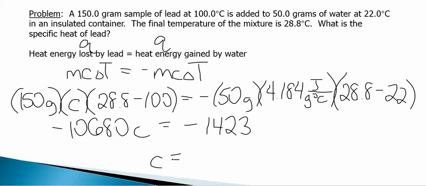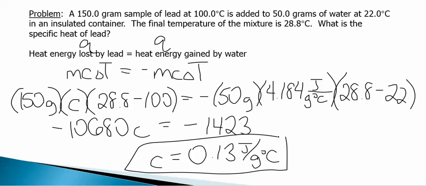But then C, when I take 1,423 divided by 10,680, the specific heat, which has to be positive, for lead comes out to 0.13, and then the units, joules per gram degree Celsius. So the heat lost by one substance has to equal heat gained by another substance, because we're assuming no heat is lost to the surroundings.